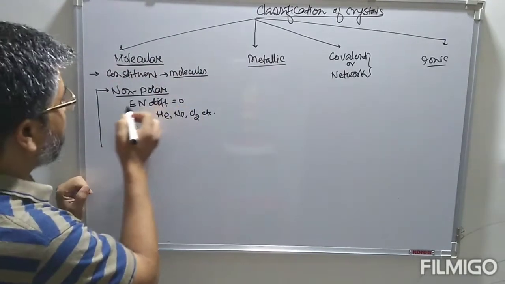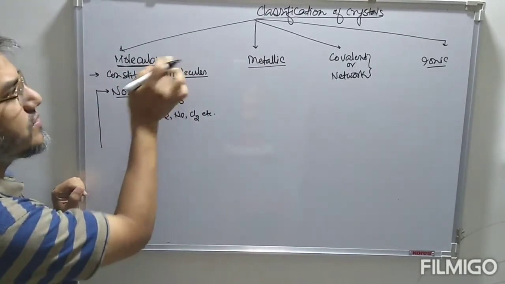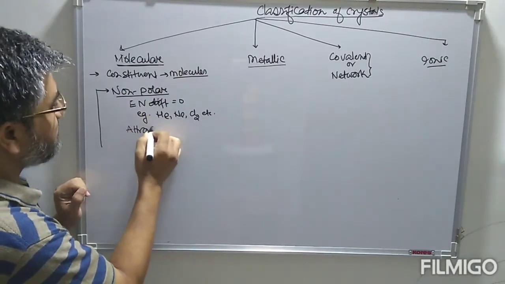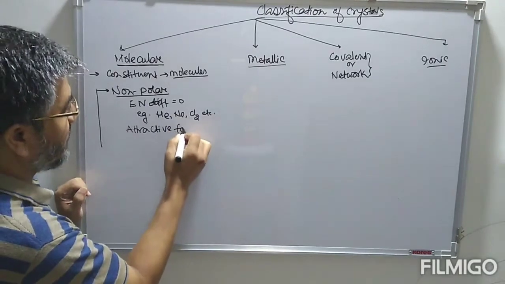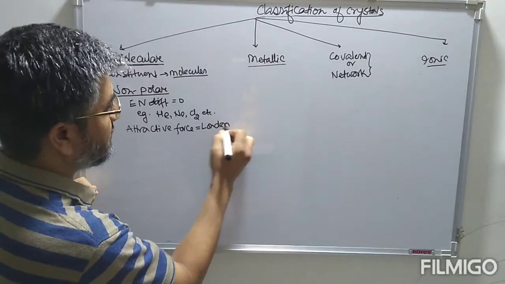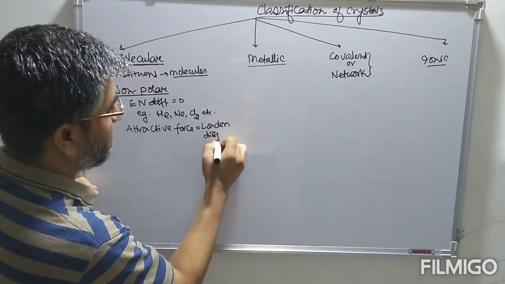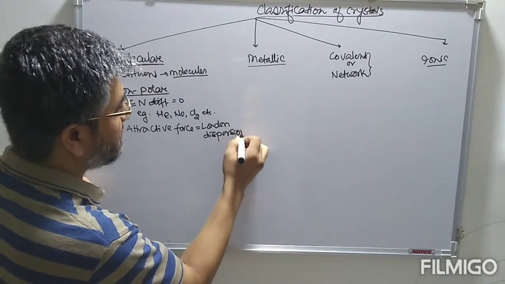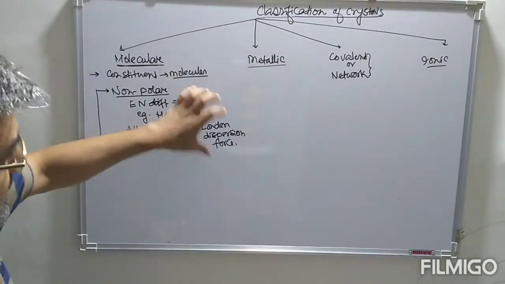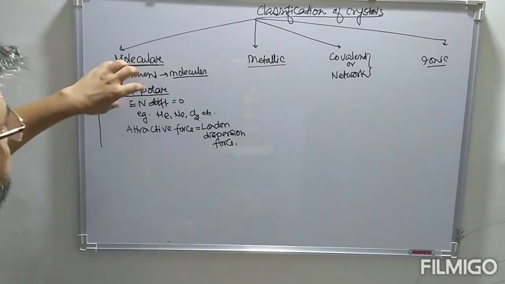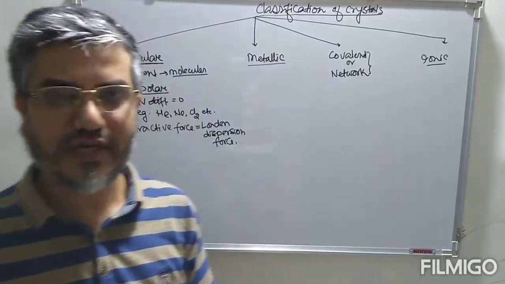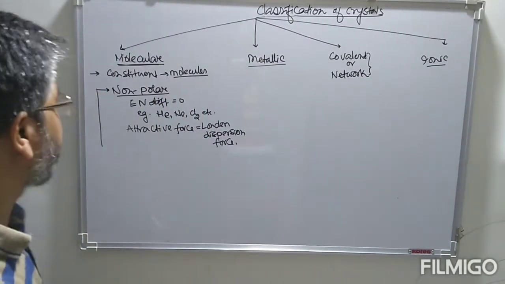Now these non-polar crystalline compounds, the attractive force is London dispersion force, which is very weak in nature. Due to this London dispersion force, these non-polar molecular solids are generally soft, having low melting point.